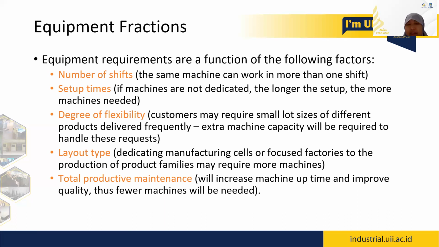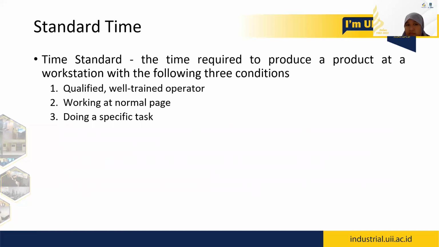Well, it means you will need to have extra machine capacity so that you can meet the customer demand. Whereas it's basically creating small batches, however, frequently. And then we need to check the layout type and the total production maintenance.